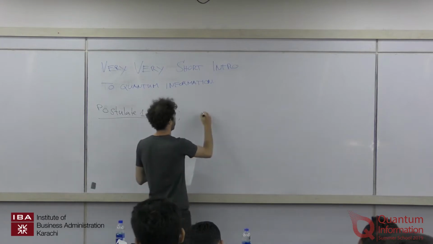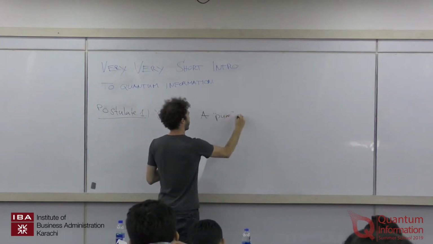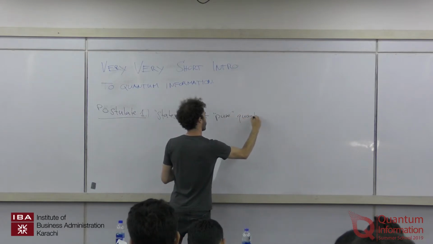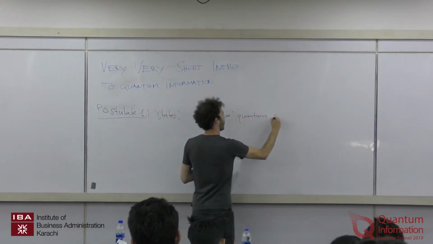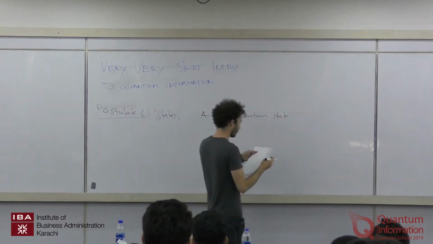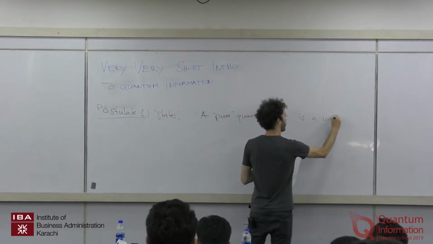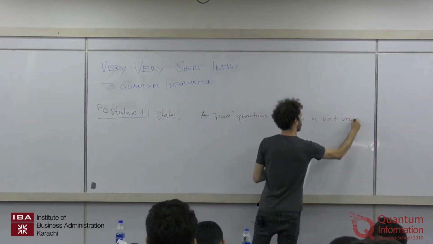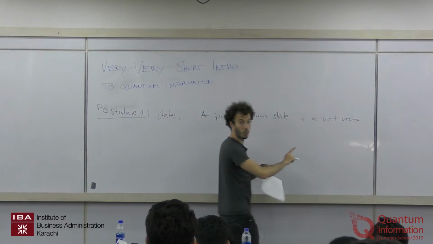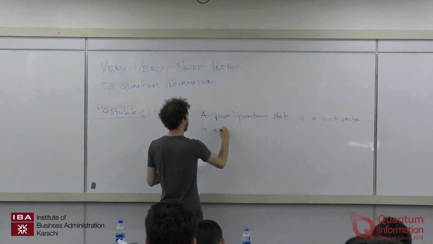So a so-called pure quantum state is a unit vector. This means the vector has length 1 in a Hilbert space.